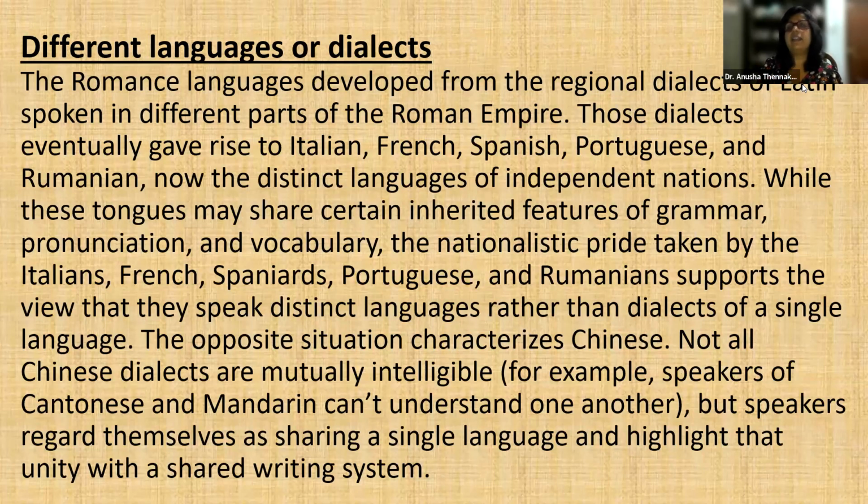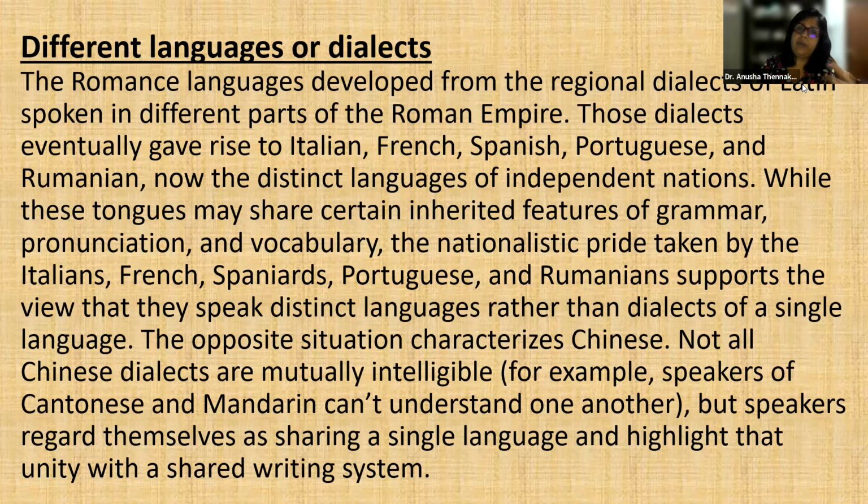Because of this national pride, now they are considered different languages. Otherwise, they would not be considered today as separate from dialects of a single language. The opposite situation characterizes Chinese. And the situation in China is different to this.